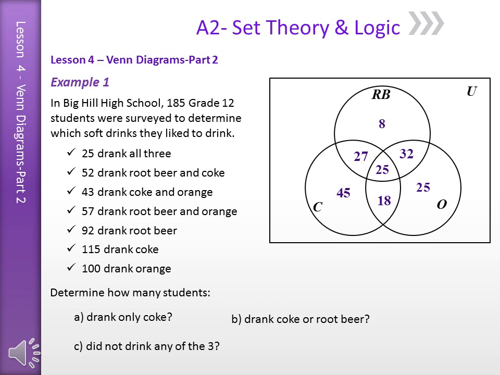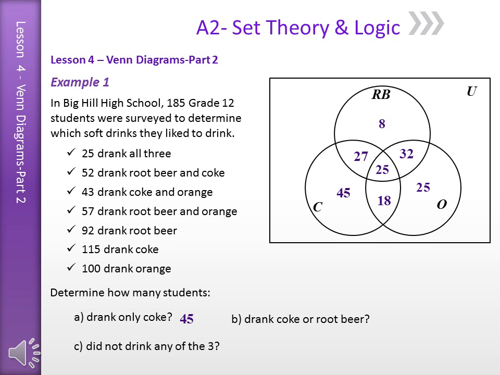Now, determine how many students drank only Coke. We can just read this right off the Venn diagram now, as it's going to be 45. How many drank Coke or root beer? Well, we can add all the numbers.